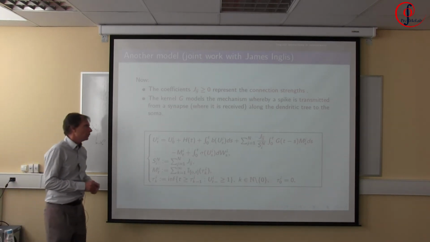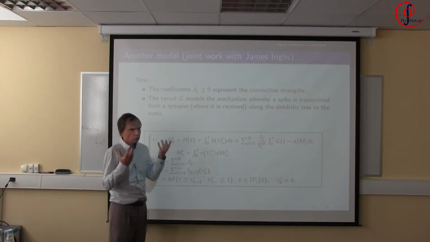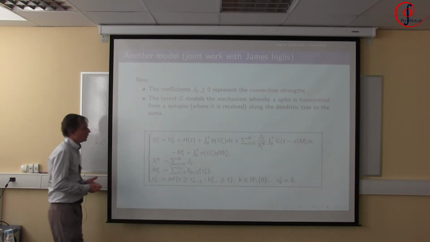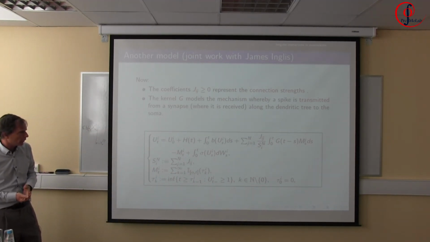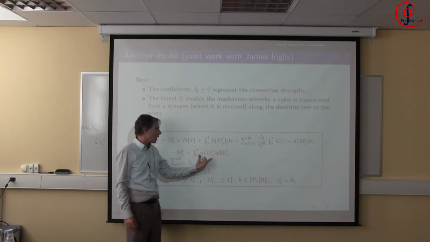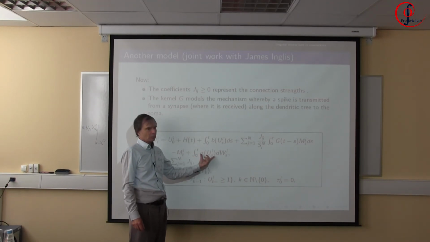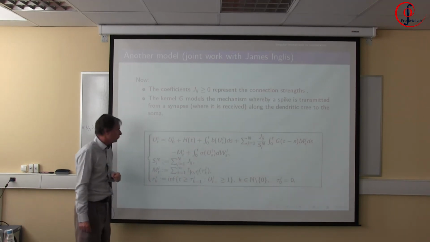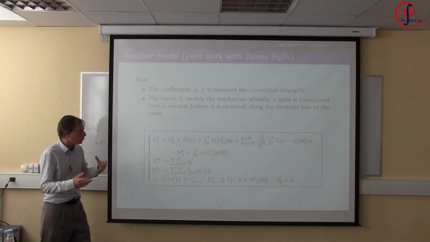And actually, this model is not due to our imagination. It appears in papers in neuroscience literature. And compared to the other model, we added the fact that the dynamics of the membrane potentials may diffuse.